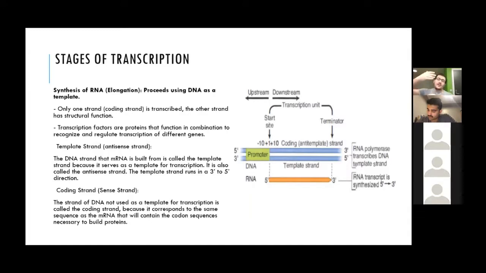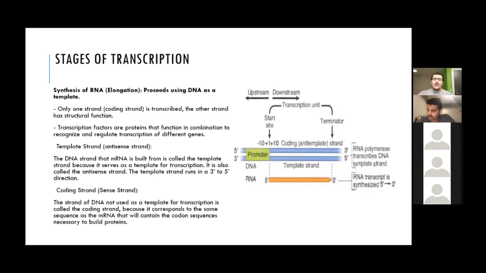And to build on that, the coding strand, the strand that is not getting transcribed, has the same direction, 5' to 3', as the RNA that's getting transcribed.